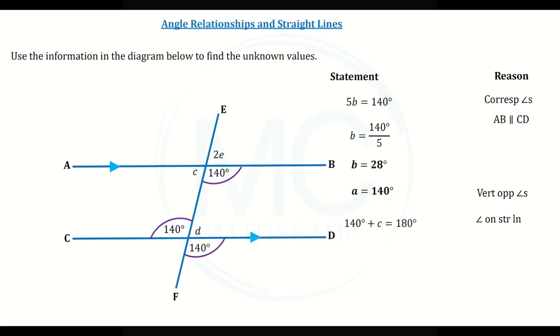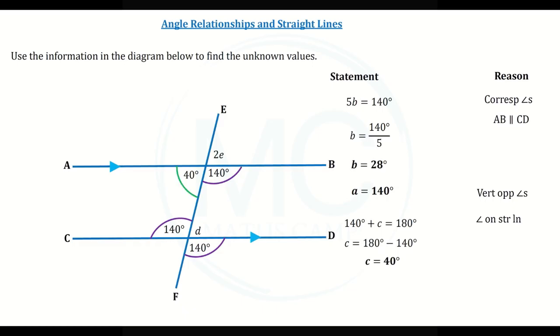Now we can use this to find the value of C. If 140 degrees plus C is equal to 180, then C is equal to 180 minus 140 degrees. 180 minus 140 gives us 40. So C is 40 degrees. On our diagram, let's take C out, write in 40 degrees, and make this angle green.